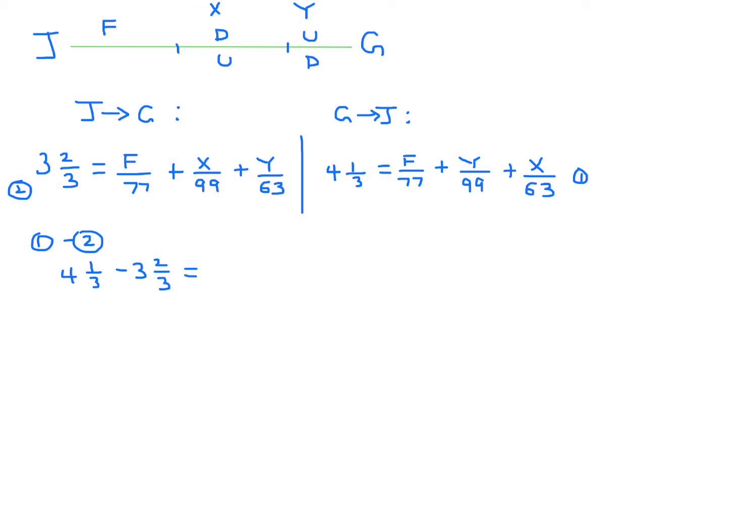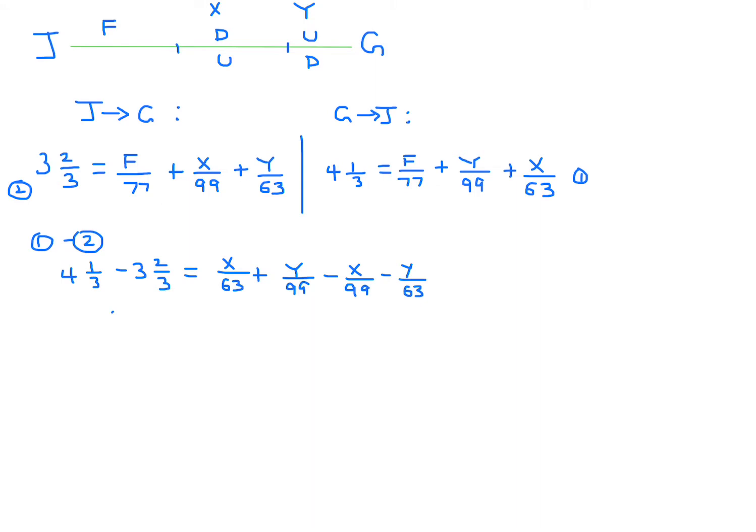And then on that side, I will get x over 63 plus y over 99. And then minus x over 99 minus y over 63. And then the f's cancel. This guy cancels with that.